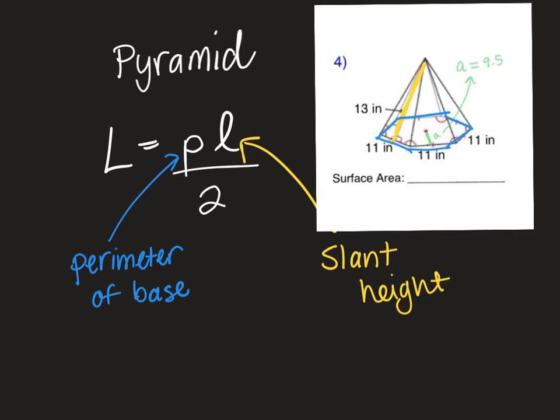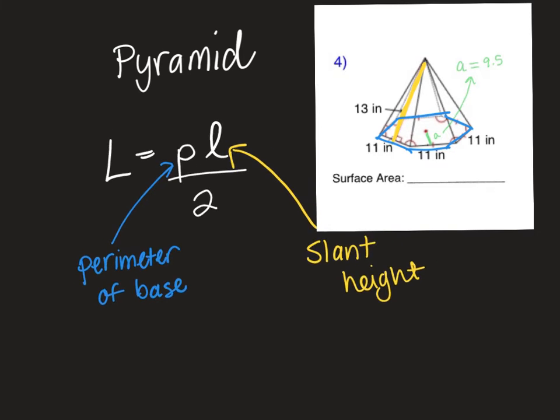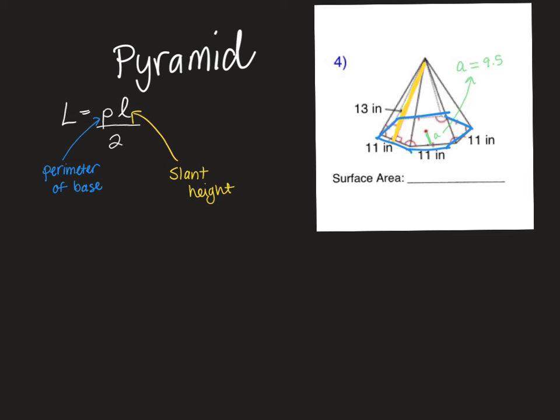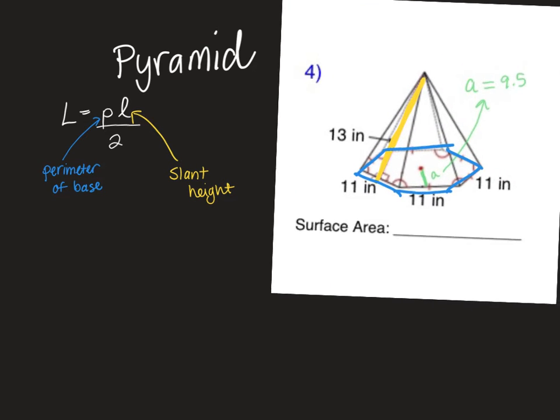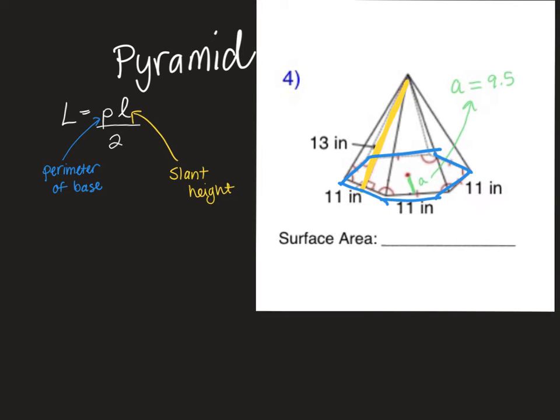Okay, so let's go ahead and just work this example through. I'm just going to shrink that a little bit. We'll make this a little bigger so we can see. So let's go ahead and find our lateral surface area. Lateral surface area is perimeter of the base times slant height over 2. So, what's the perimeter of that base? What shape is our base, first of all? It's a hexagon, right?